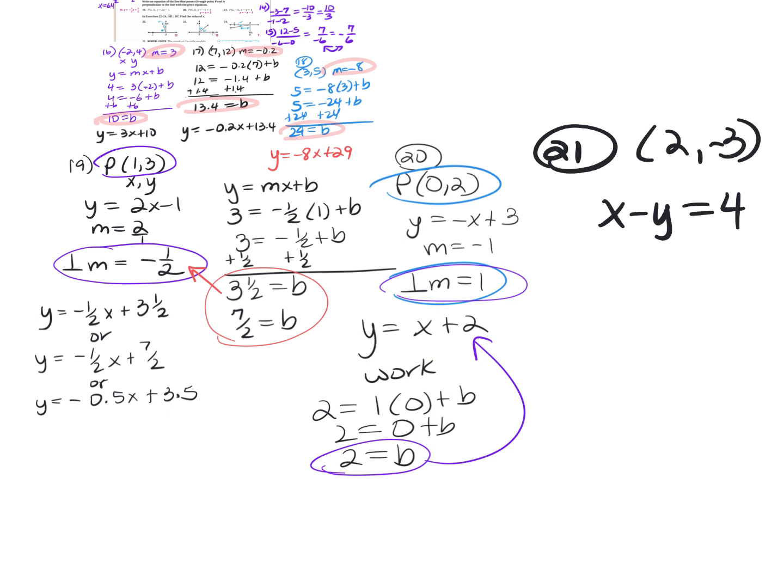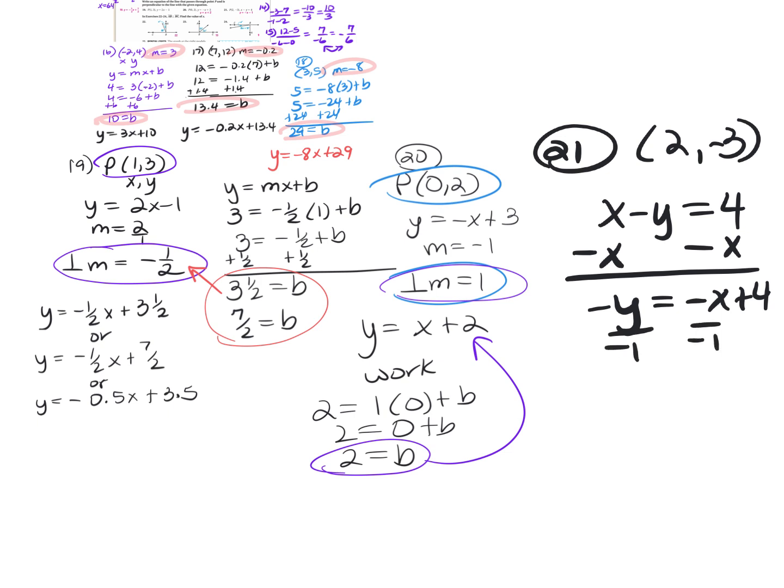I need to get this equation into slope-intercept form because I need to get the slope, and then I need to turn it into the opposite reciprocal. So let me go ahead and subtract the x. Then divide everything by negative 1 because I can't have a negative y. And y equals positive 1x minus 4.